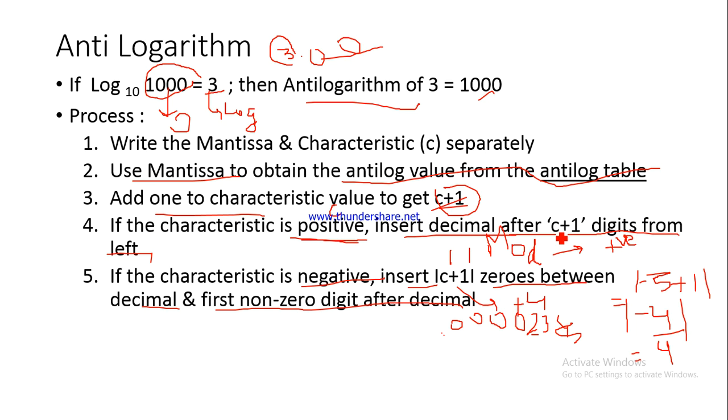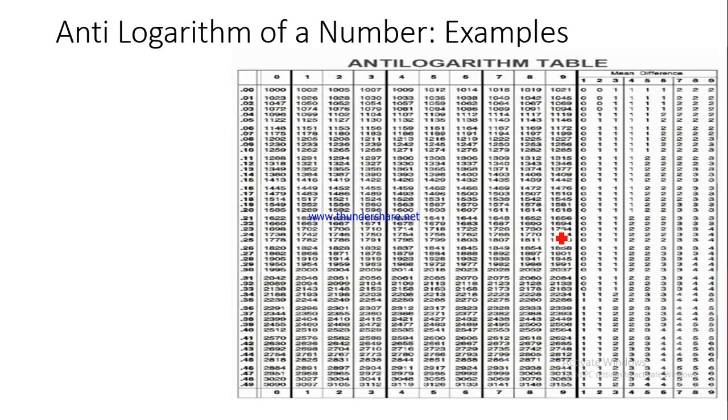We have used technical terminology, so let us have a look at some examples. This is the anti-logarithm table, slightly different from the logarithm table, otherwise it is the same. There also we used to have these kinds of values, and these mean differences, and the 0 to 9 columns. However, the logarithm table does not start at 0.00, it starts at a different number.